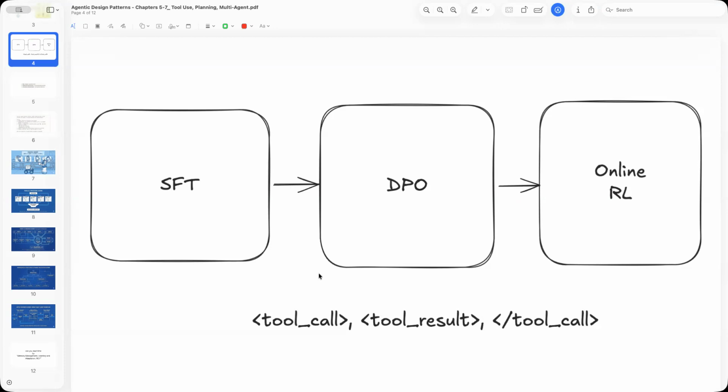So for deterministic flows with some calls to AI nodes as well, I think I would continue with that.